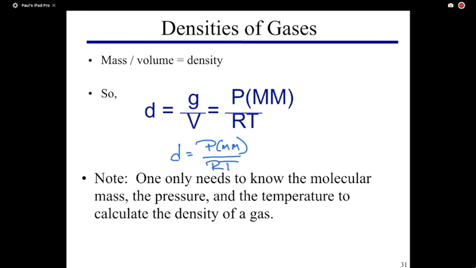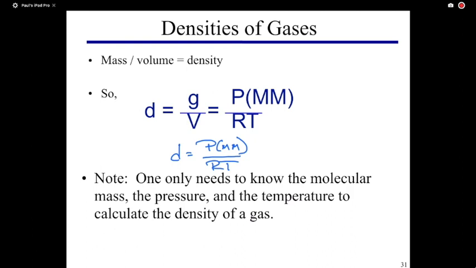This is a different equation. I showed you how we got there. You don't really have to know how you get there, although you should be able to; that shouldn't have confused you. But here's the deal. If you memorize this, you'll be able to solve one of the problems on the exam.